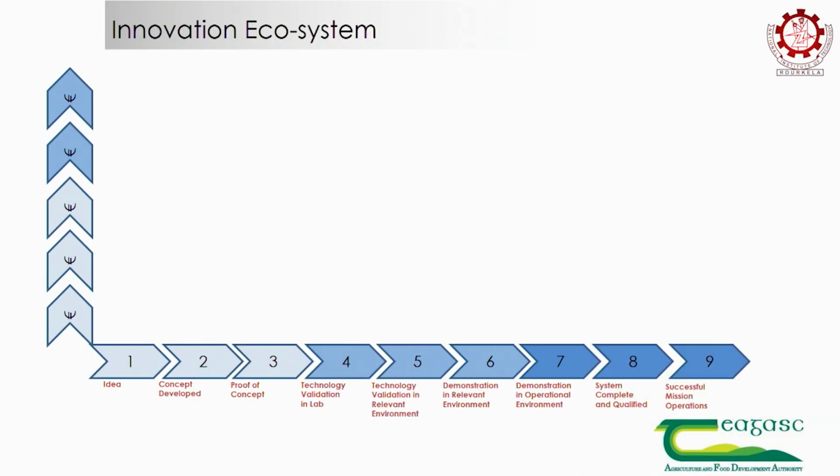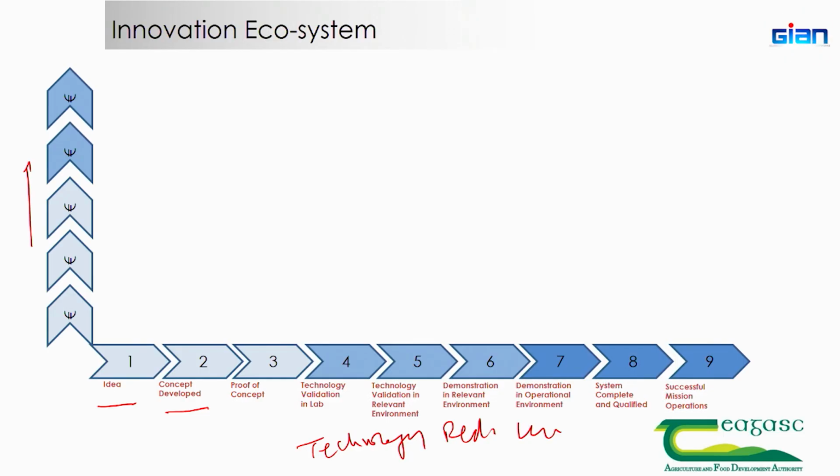Before that, if you go to the ecosystem model, this is money, idea, that is technology, what is called technology readiness level. Concept developed: oh, this works like this, why do not we make this, that becomes the concept. Then you prove that concept. I will take your example of osmotic dehydration.